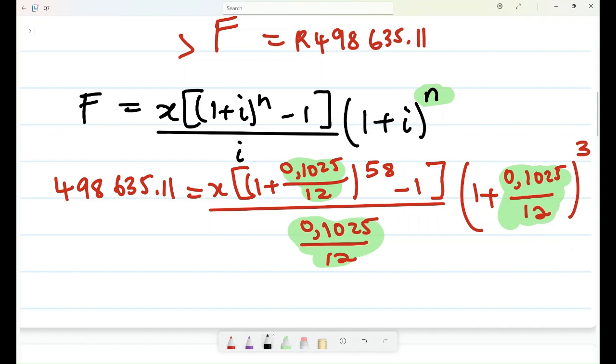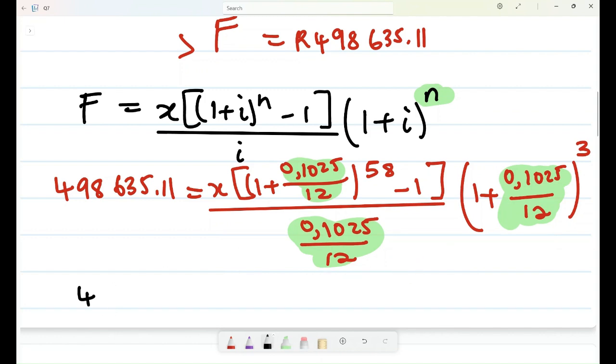I so wish I had a calculator to show you on the screen how we do this.